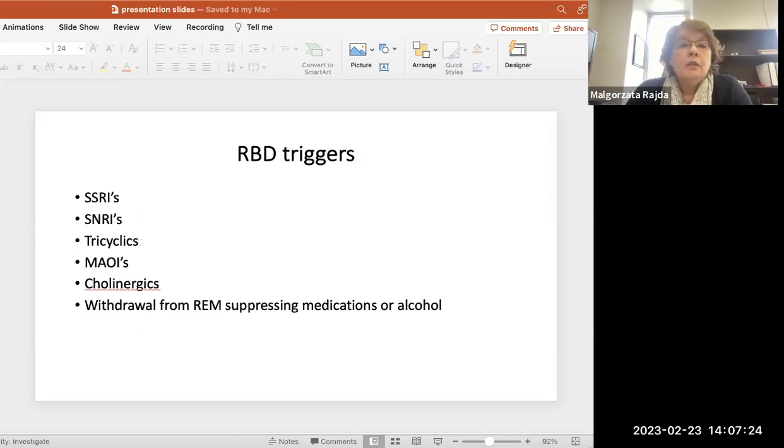And here is a short list, not complete, of medications that can trigger RBD episodes. We used to think that this is purely iatrogenic.